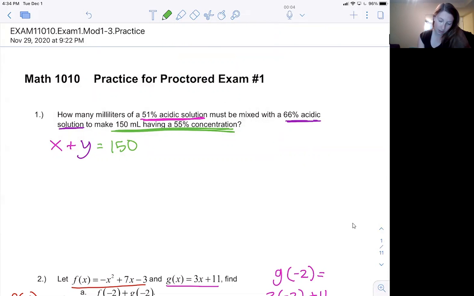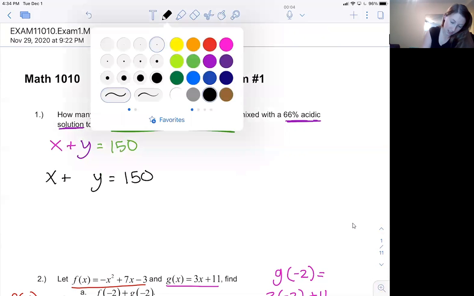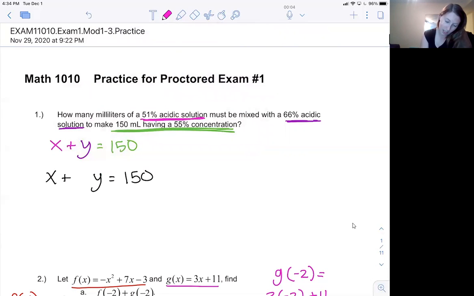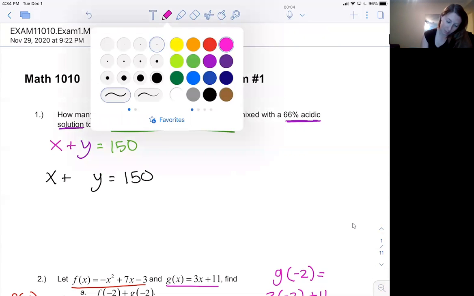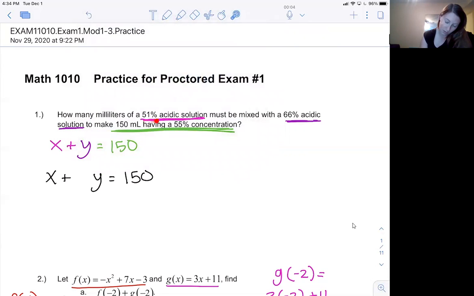Then I'm going to write a second equation down, and it's going to be the same thing. But this time, the second equation, I'm going to multiply by the percentage that's attached with them. So this pink one has a 51 percentage. So in front of the x, I'm just going to times it by 0.51.